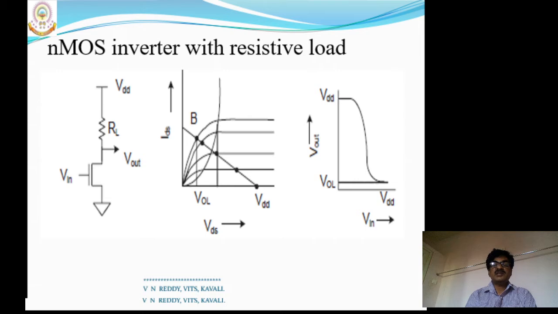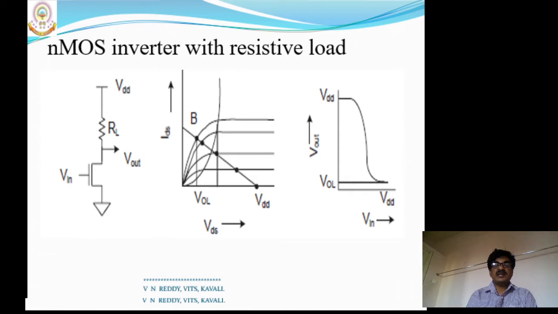You know, open circuited voltage is always maximum. Here it is approximately equal to VDD. So VDD voltage is considered as logic 1. Input 0 volts is considered as logic 0. So the output is the complement of the input. So in the first case, this circuit acts as an inverter.